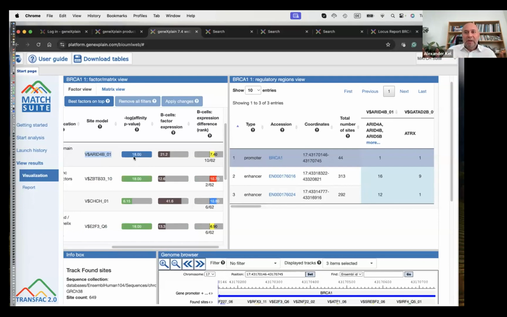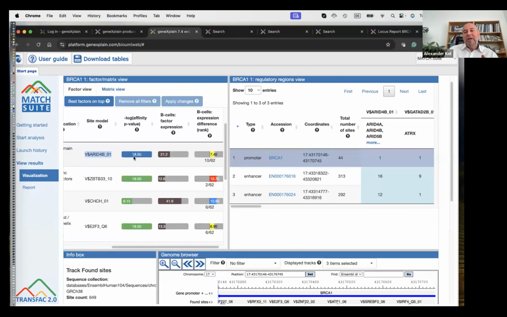So what does enrichment mean? In fact, it's a p-value of that enrichment. That's quite a tricky point, because we have just one sequence here, one promoter, and we have to estimate enrichment of that site in that one promoter. What happens if there's just one site for this factor? Whether it's enriched or not, we don't know.